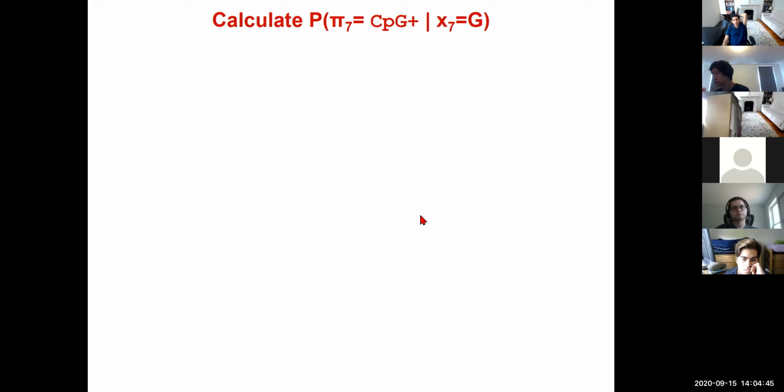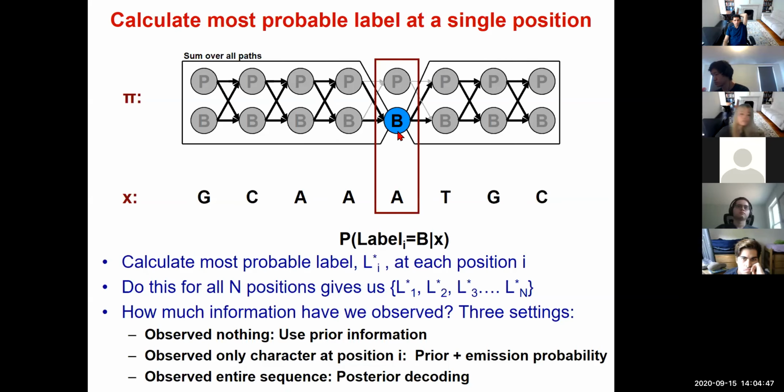And I want you to build a little bit of intuition here. The intuition is the following. If I've observed the beginning of the sequence and I end up with B being, I don't know, very high probability, how can anything else after this change my inference for how likely it is that B is actually the most likely state?